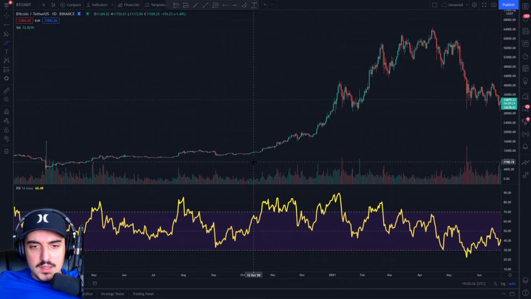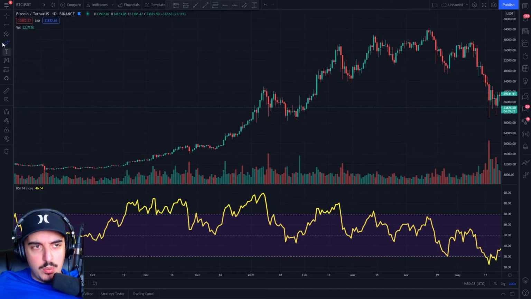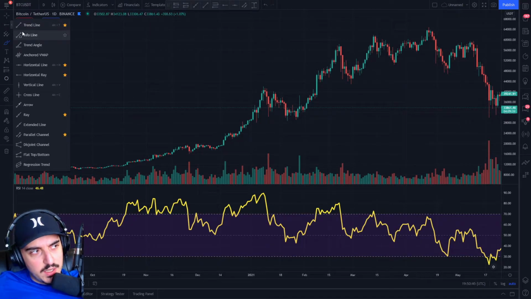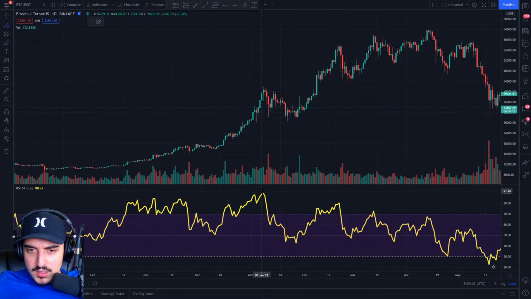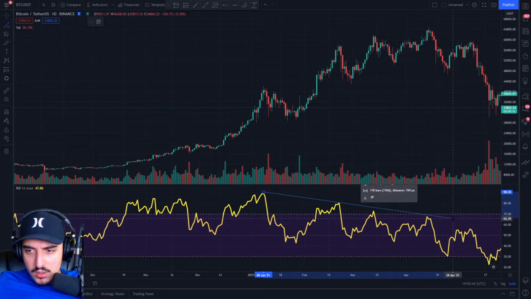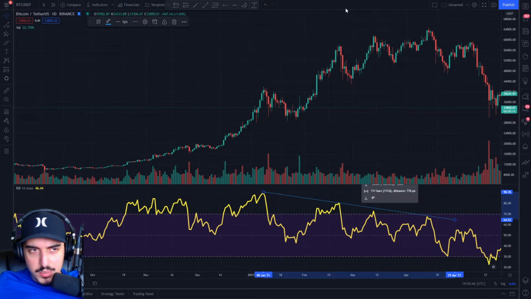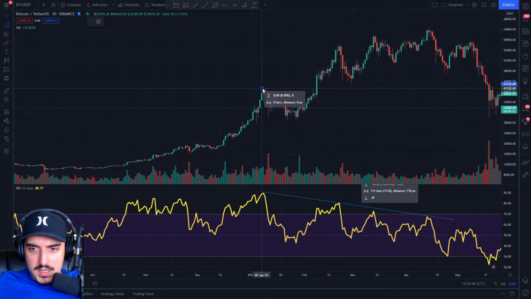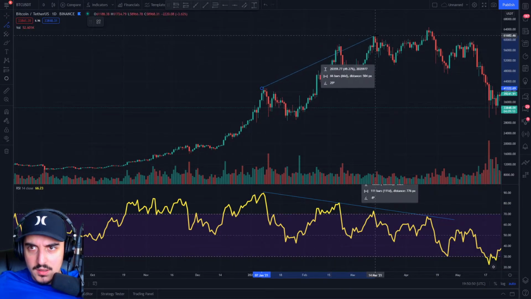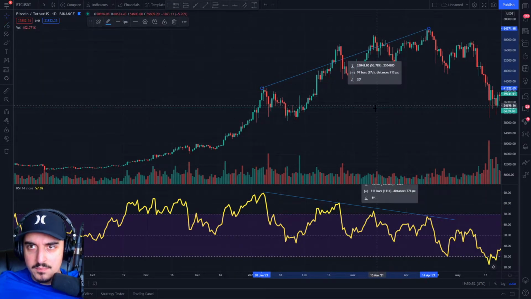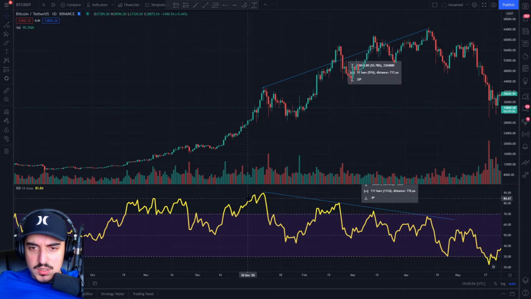So let's take a look at the latest divergence that we had on top of our chart. What you guys can clearly see is the RSI is making a lower low, and the price is making a higher high, and another high, and another high, right? So this is a divergence between the RSI indicator and the price.